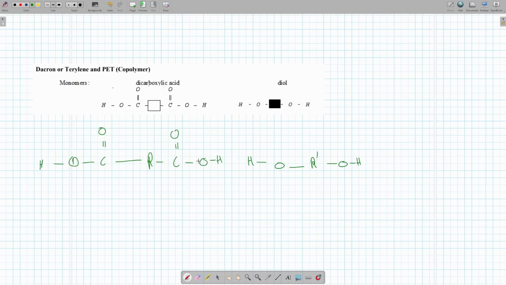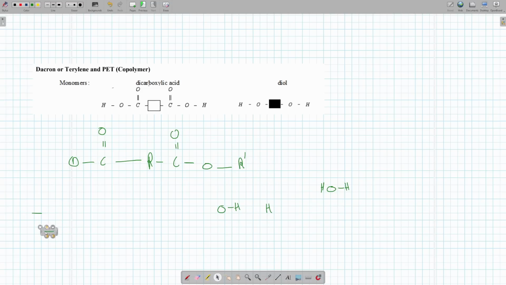What happens? These two break off to get water, right? So this comes and pushes over here. What happens as well? These two break off to get water, right? So what happens right now? We're left with this molecule. Let me just remove these.